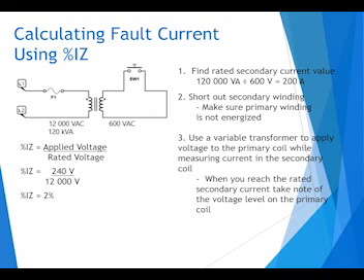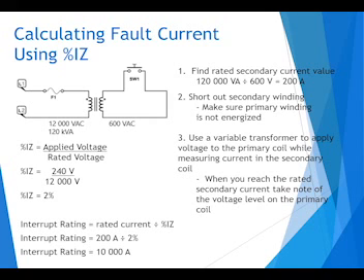In this case, I applied 240 volts to my primary side, which caused 200 amps of current to flow on my secondary side. Therefore, if I took 240 volts divided by 12,000 volts, I find that application of 2% of the voltage on the primary side caused enough current to run on the secondary side to meet the rated current value.